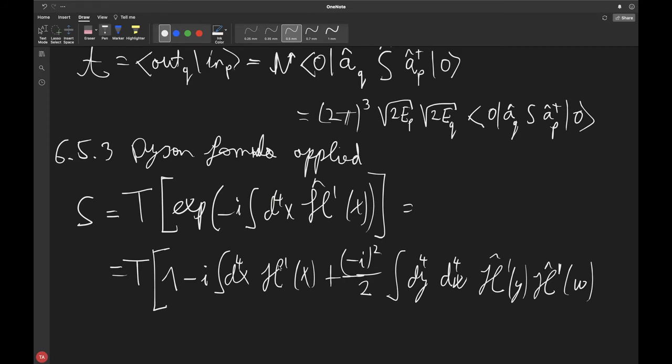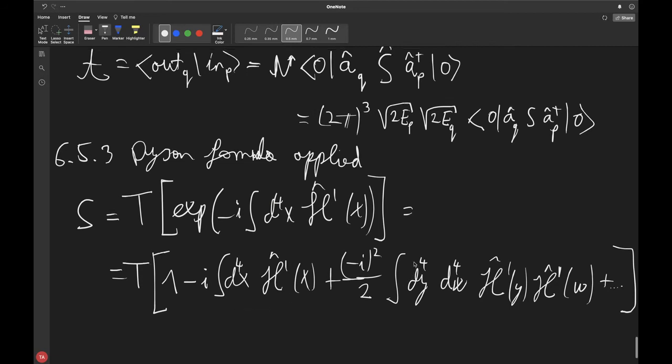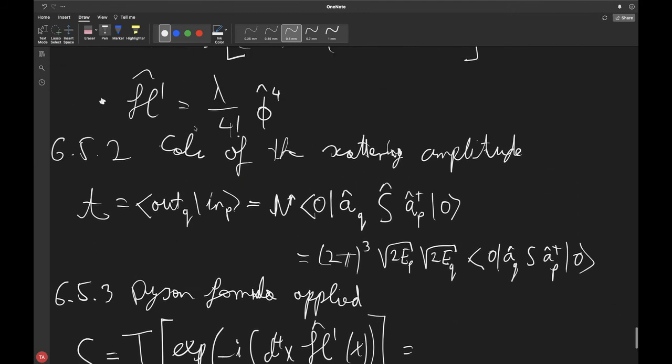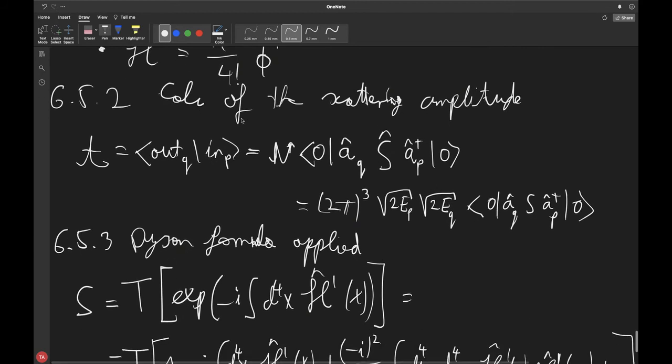This is an operator, this was an operator, and so on, plus dot dot dot. So this is now the next to leading order calculation. Okay, so now let's just plug in that H prime was lambda over 4 factorial phi to the 4.